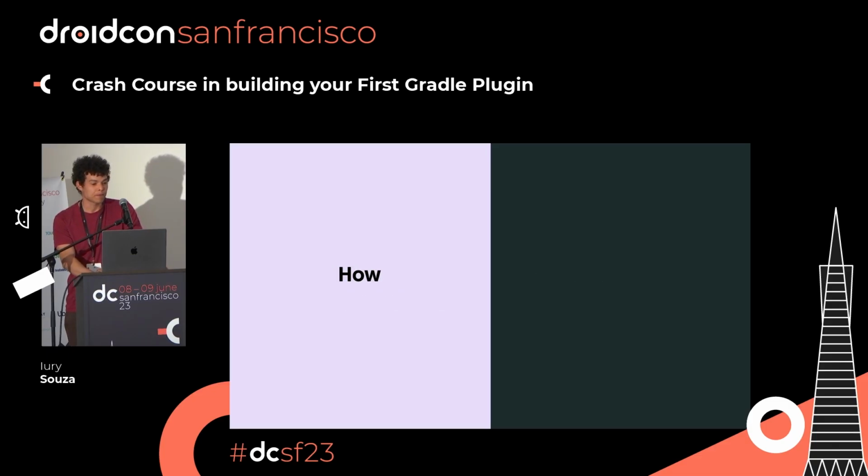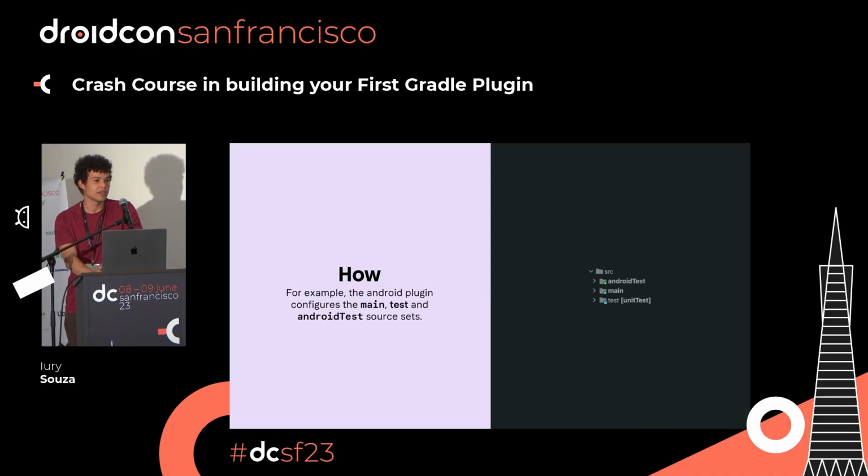There are two ways that applying a plugin impacts your project. One is that it performs some behavior when the plugin is applied. For instance, with the Android application plugin, you get these source sets, like the Android ones, so your build understands that you can place Android tasks there, and they work.